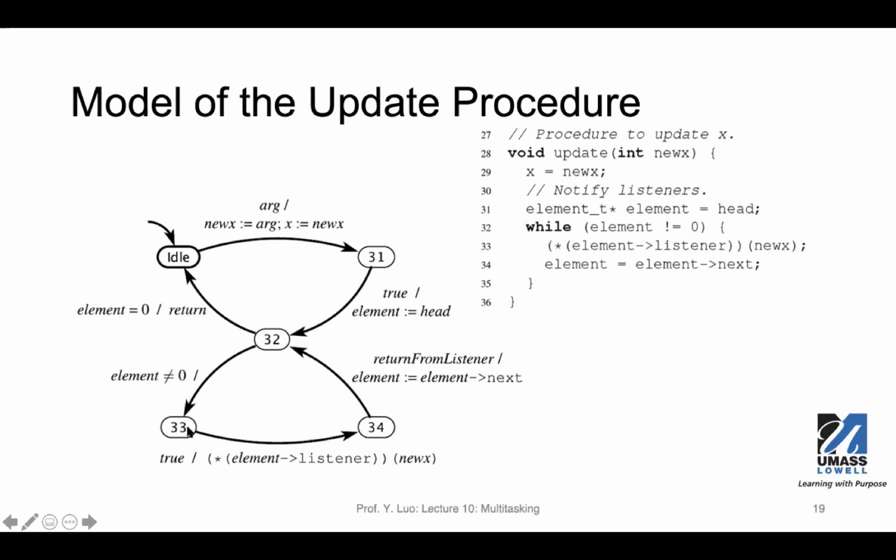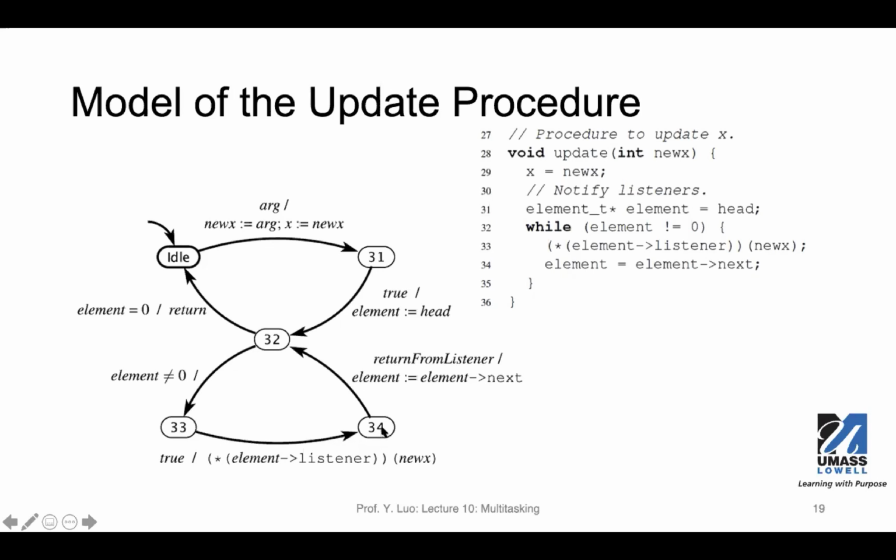What line 33 does is it will call the listener function. It will use the new x as the input argument to call that function, and that's always going to be true, and the next line has to execute.